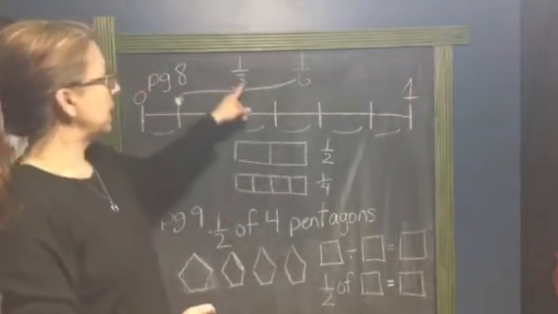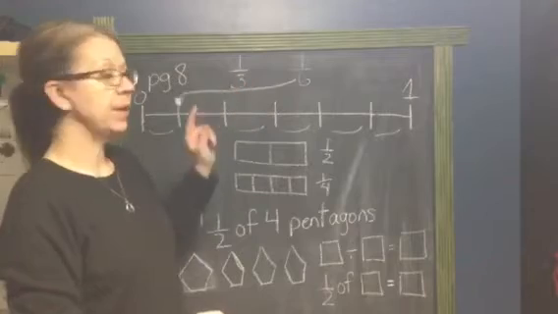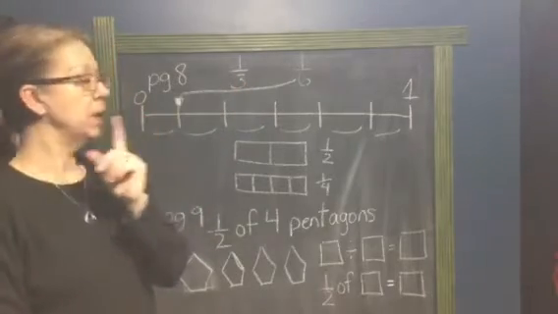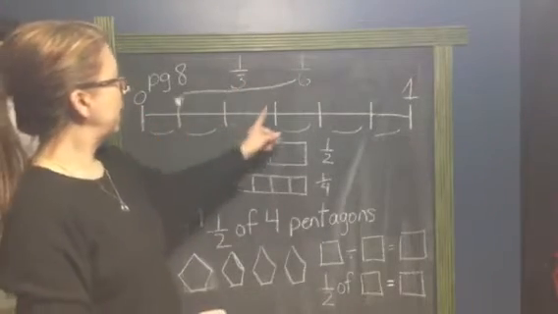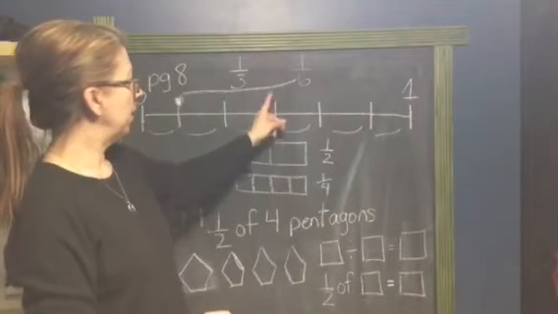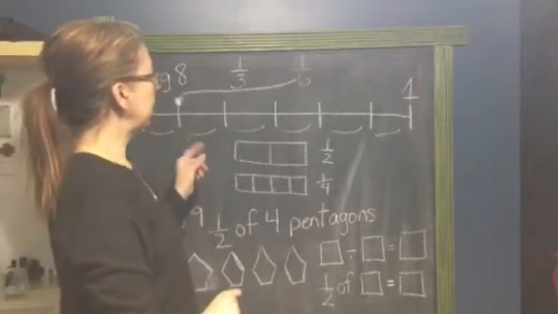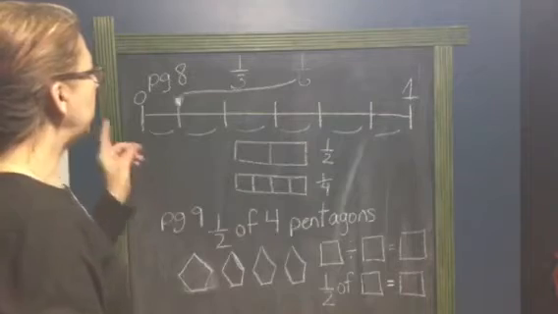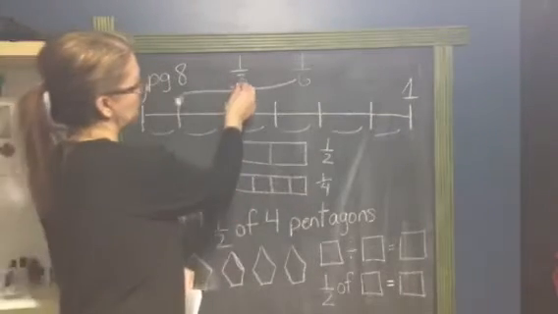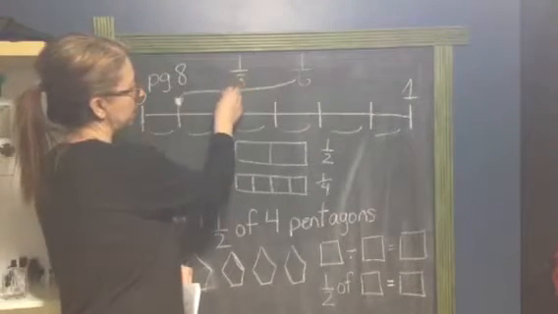Okay? When it's asking you to find 1/3, that might be a little bit trickier. But if you think about it, this would be halfway, right? And if you wanted to make it 1/3, it would have to be this number right here.